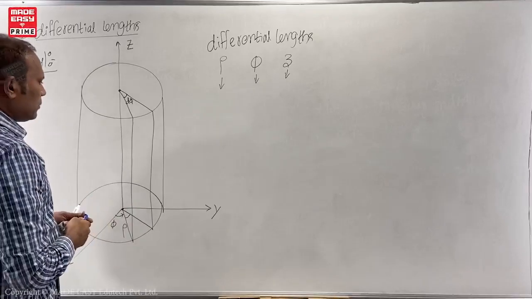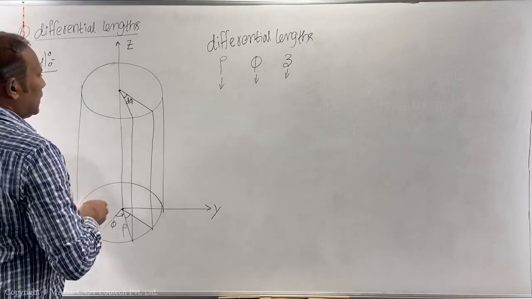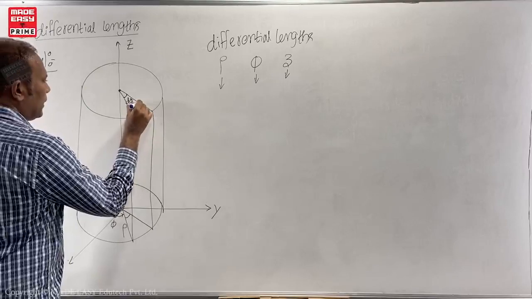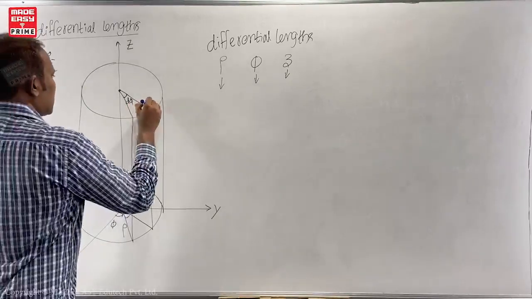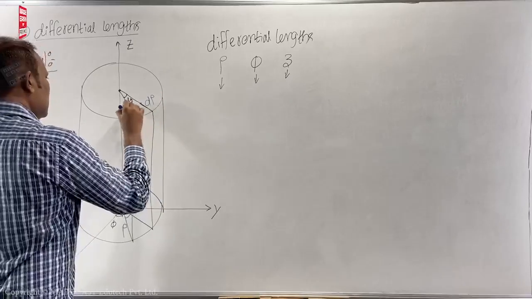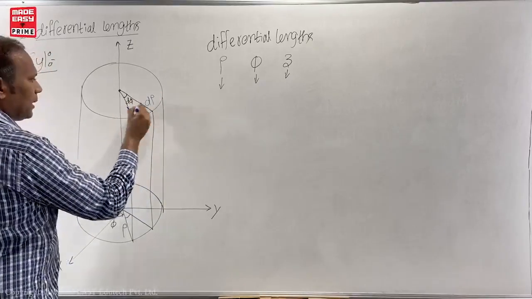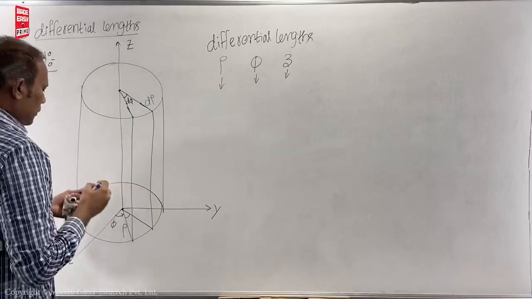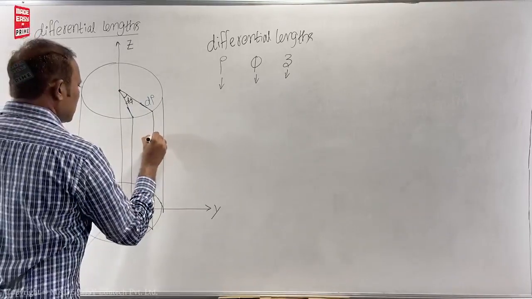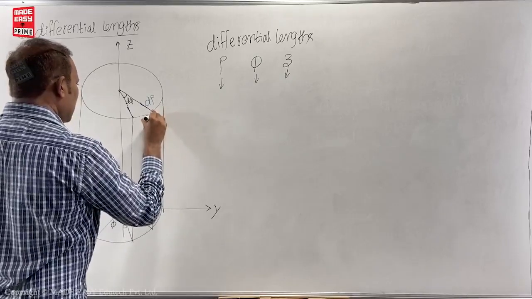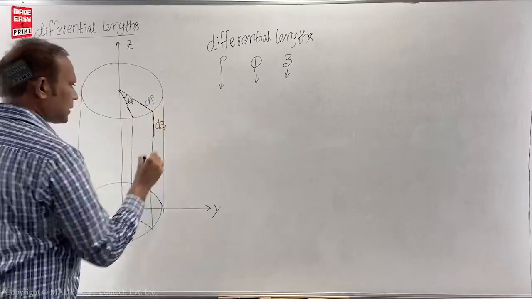Now what you do? Here you take a very small radius that is called d rho. Then this is also d rho only. Now what I do? Here I will take a small height, that is dz actually.